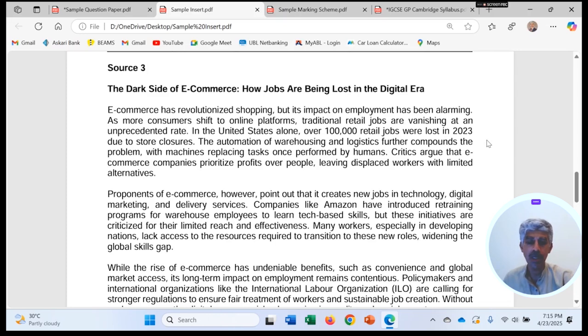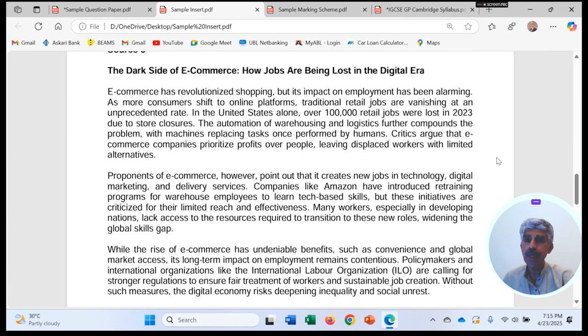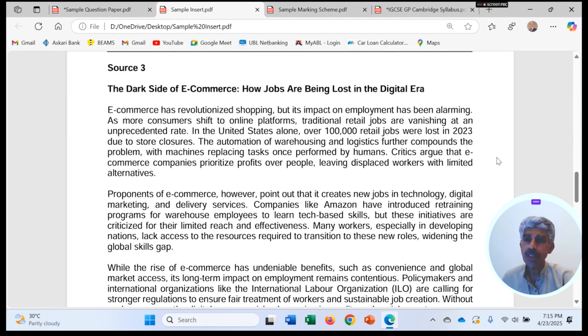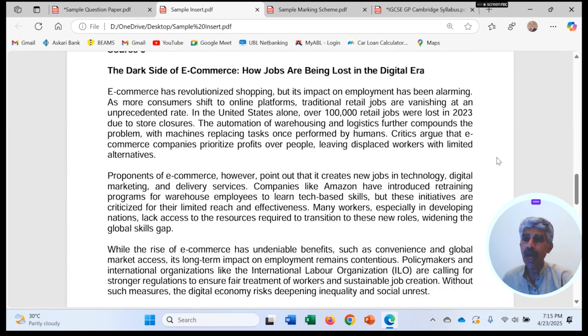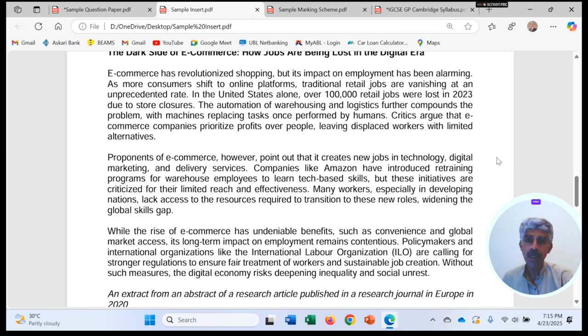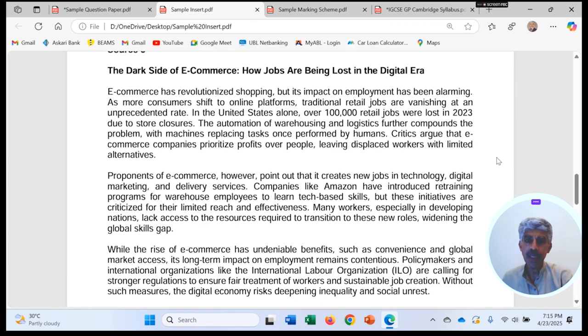So this is a small extract of something given. It says the dark side of e-commerce, how jobs are being lost in the digital era. This is the punchline of this particular extract, and it is a 3-paragraph extract.